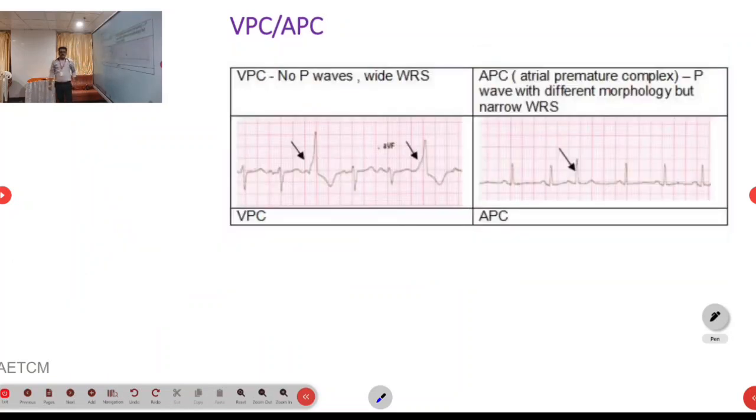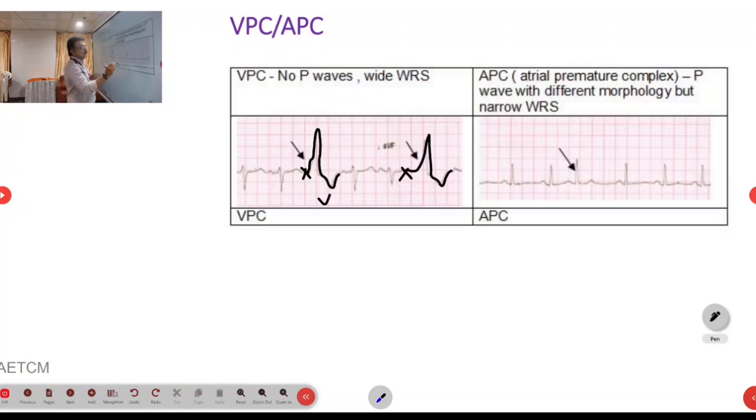Now VPC and APC, ventricular premature complex and atrial premature complex. You look at this one. Here there is a wide QRS complex with ST depression and T wave. These are VPCs. There is no P wave.